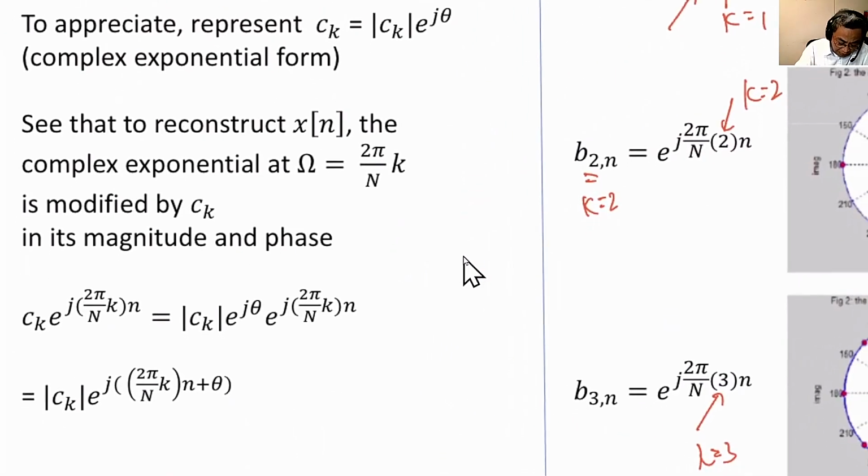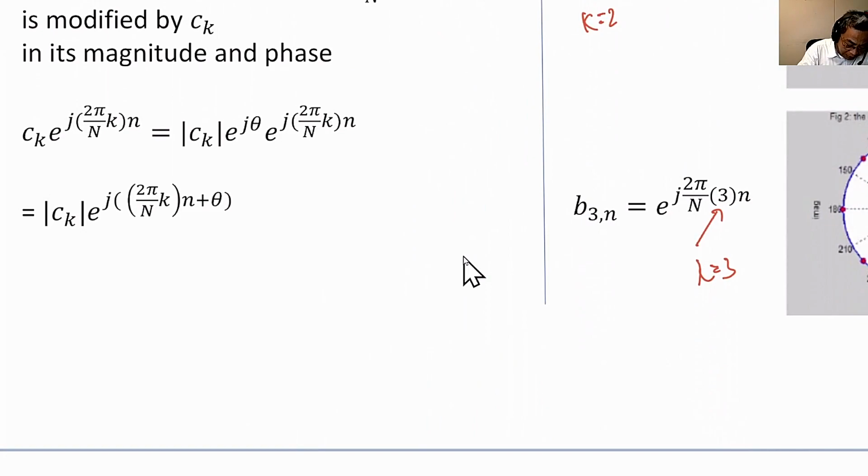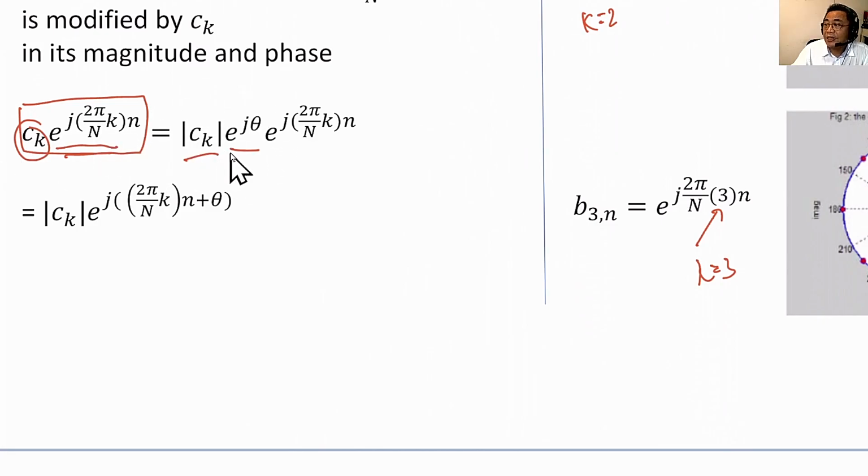Now we also see that when we are using this in the DTFT synthesis equation, it is c_k multiplying this. c_k, remember, is a complex value. We can represent the complex value by the magnitude and the phase.